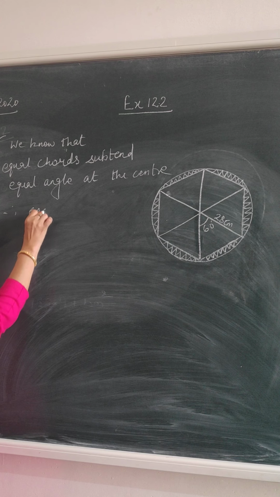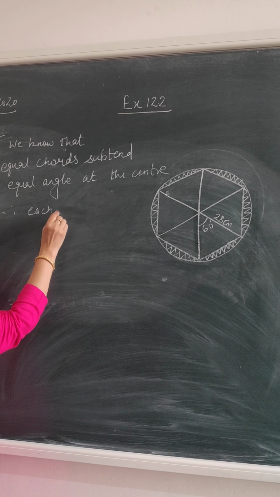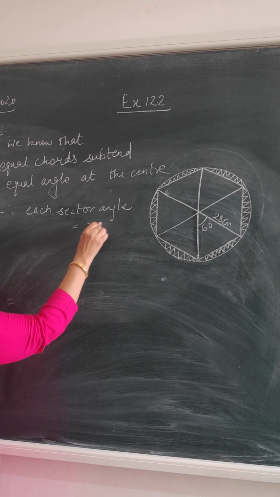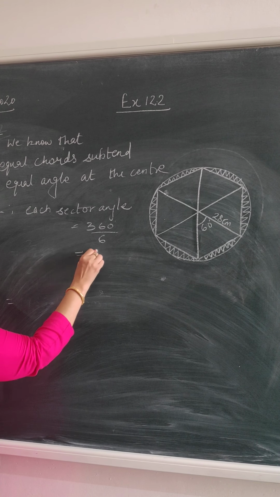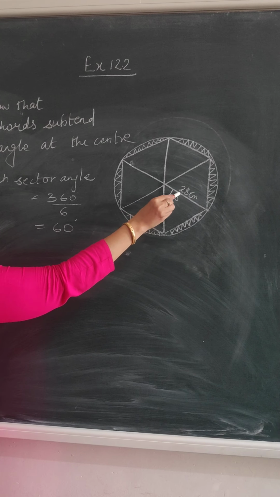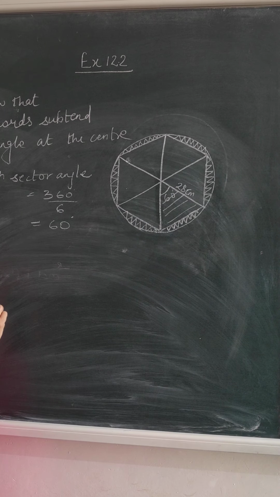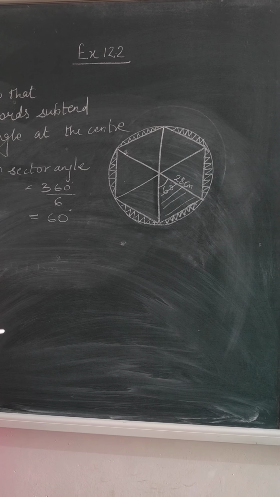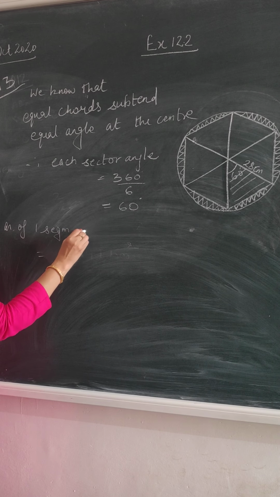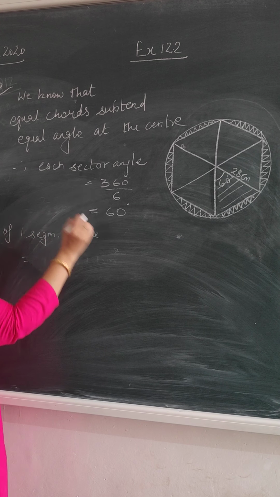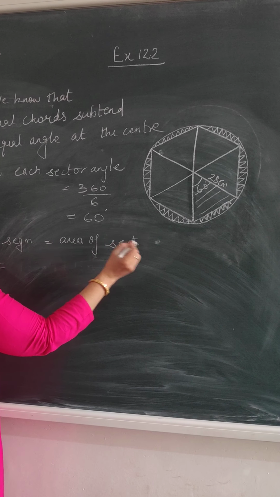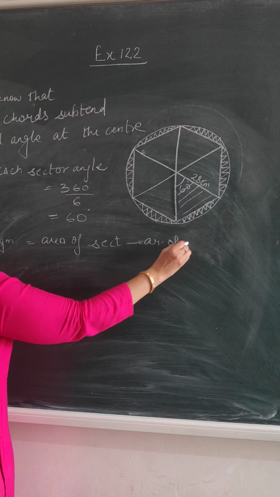Therefore each sector angle is equal to 360 by 6, which is equal to 60 degree. Now if this angle is 60 degree, then this will be an equilateral triangle. So how to find area of one segment? Area of one segment is equal to area of one sector minus area of triangle.